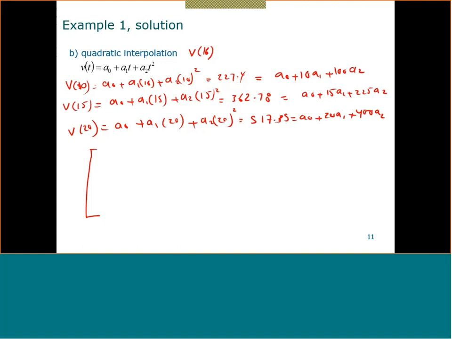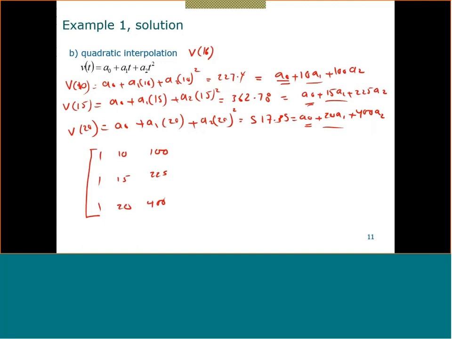So here 1, 1, 1, which is the coefficient of A0, then the coefficient of A1, which is 10, 15, and 20. And then 100, 225, and 400.